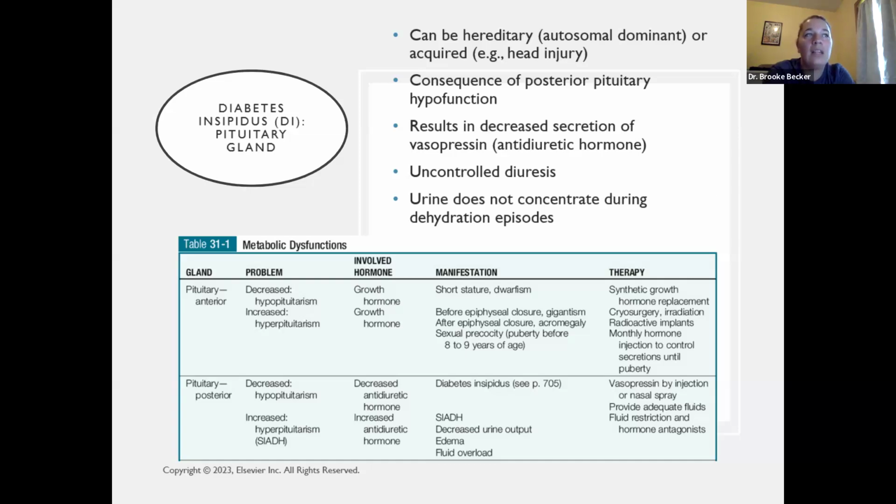So if you have less antidiuretic hormone, you are what? You're peeing all the time, right? Because you don't have the antidiuretic hormone to regulate things for you.